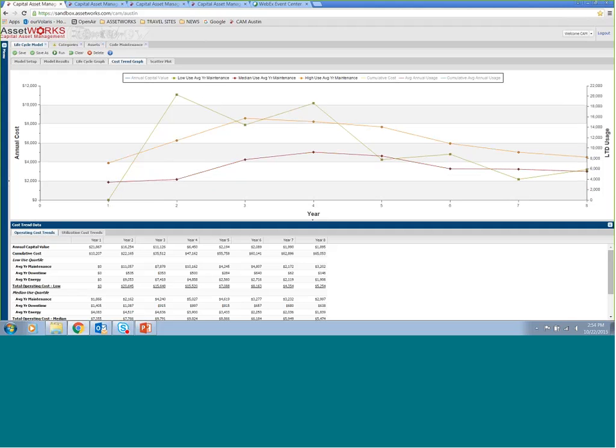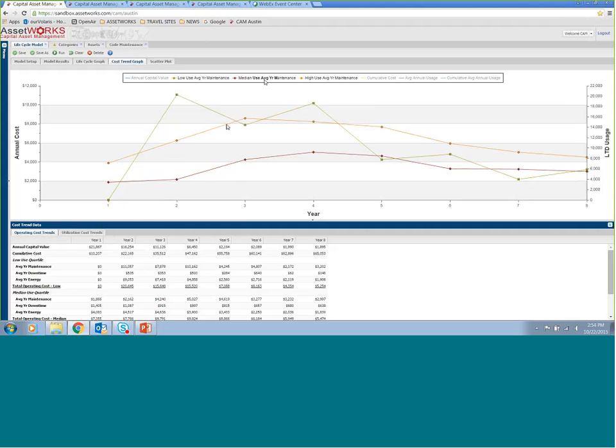And what we've done for each of those is plotted what the maintenance cost is per year for each of those assets. And you'll see here that actually these low-use vehicles do have a peak, and this probably has to do with timing of the data. You see, they have very little cost in year 1, but high in year 2. So we probably have a data timing issue we need to look at.